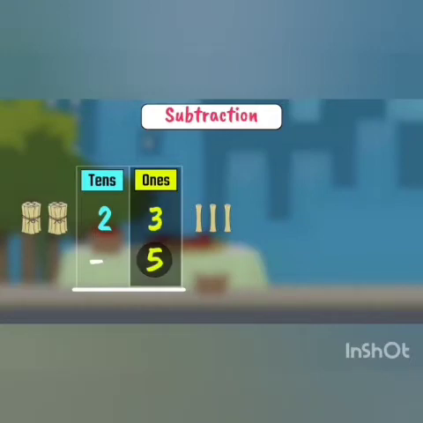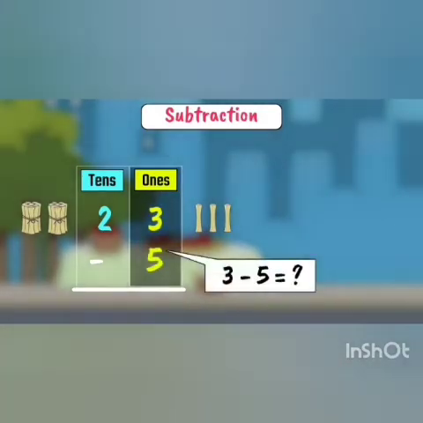So the tens column of number 5 will be vacant. Kids, you already know that we start subtracting from ones column and after ones column we subtract in tens column. Kids, you already know that we cannot subtract 5 from 3 because 3 is smaller than 5.